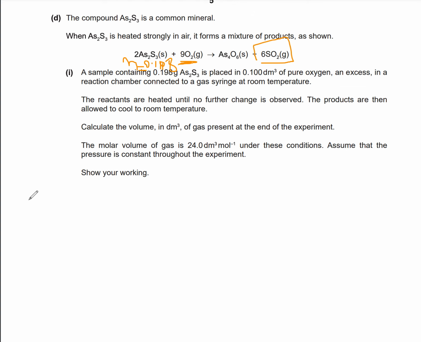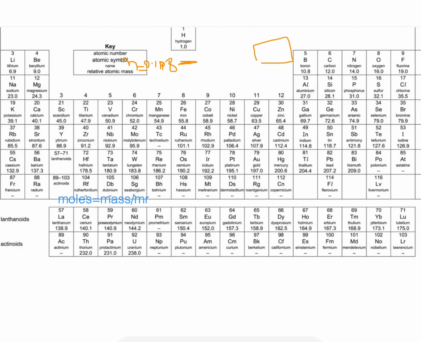Moles is equal to mass divided by MR. Now what's the MR of As2S3? Let's see from the periodic table. Where is As? Over here, it's arsenic, right?